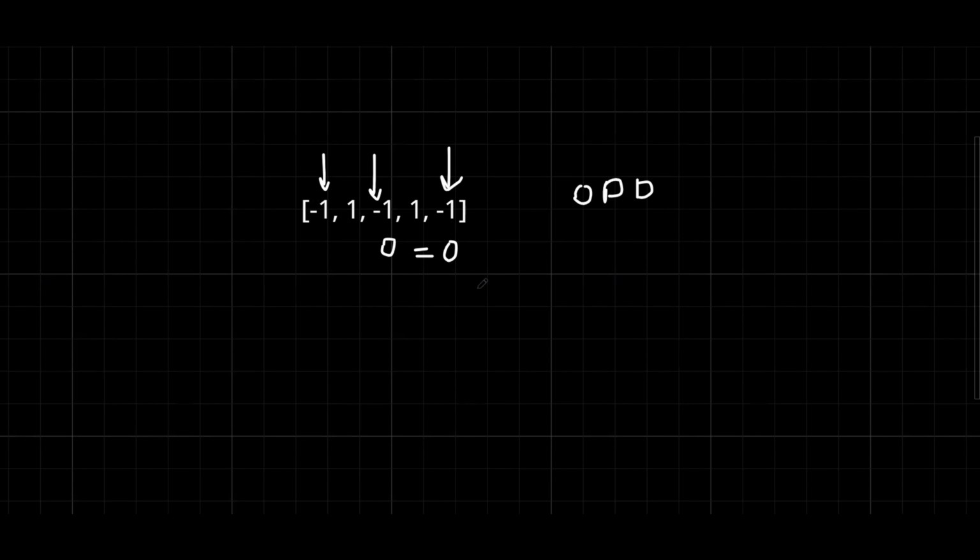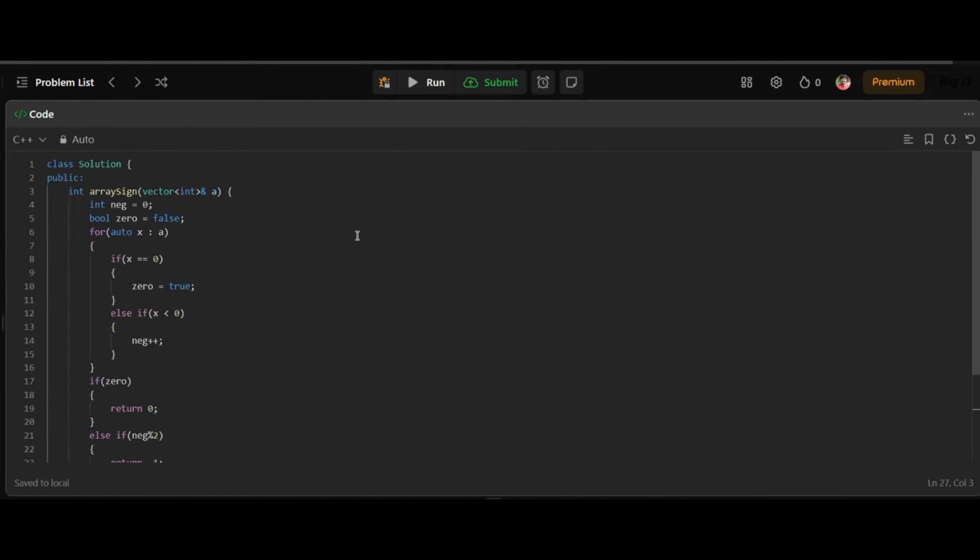Now let's move on to the code. In this algorithm, the code is pretty simple. At first, we are given a function named arraySign. The parameter of this function is a vector, which is the input vector. Now we have to take one variable to count how many negative numbers are present in the array, and one Boolean variable to determine whether there is at least one 0 present in our array or not.